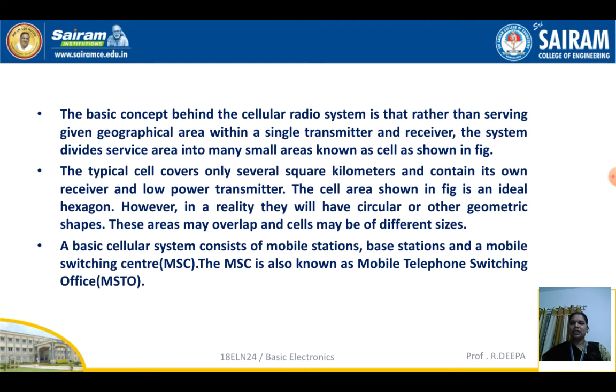Typically the cell will be in the form of a hexagon, or in reality it will be a circle or any other geometric shape, and sometimes it can overlap with other areas nearby, and it can be of different sizes also. A basic cellular system consists of a mobile station, a base station, and a mobile switching center. The mobile switching center we can also name as the mobile telephone switching office, MTSO. These are the various stations needed for mobile communication.